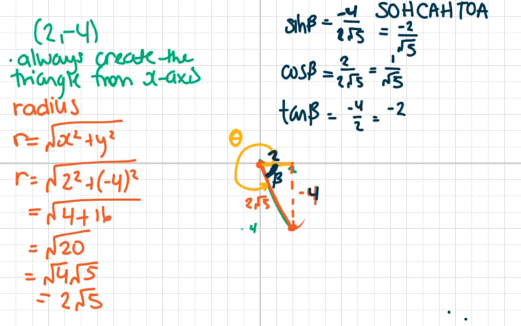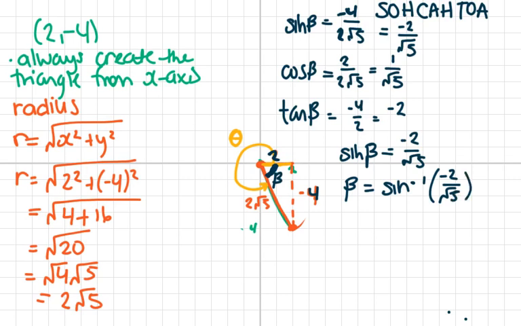I can use any of those three to find angle beta. So in this case, I'm just going to pick sine. I'm going to use sine beta equals -2 over √5. Now I need to solve for angle beta, so I'm going to use the inverse. So beta equals sine inverse of -2 over √5.